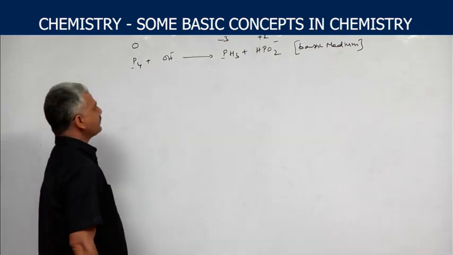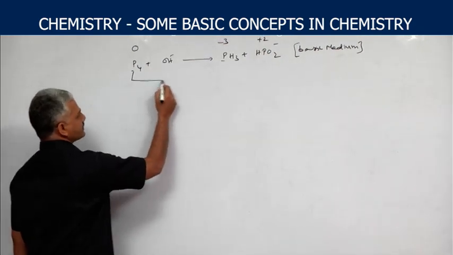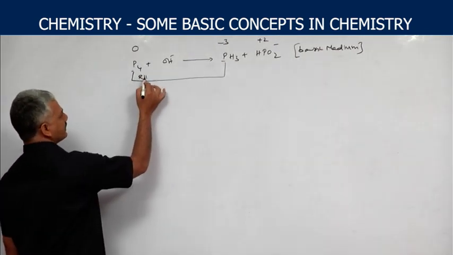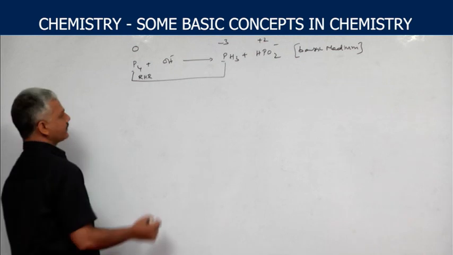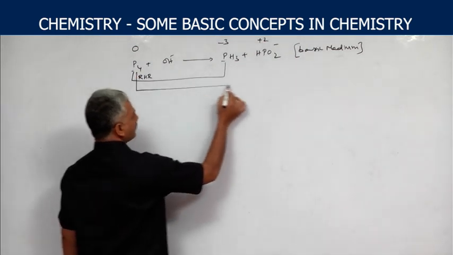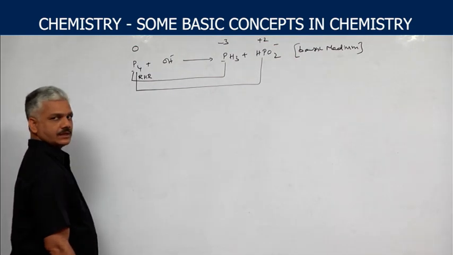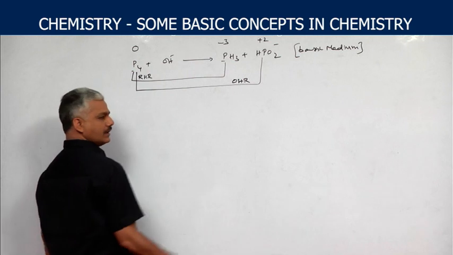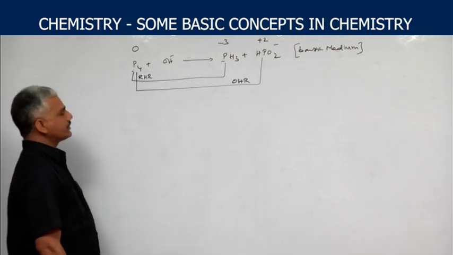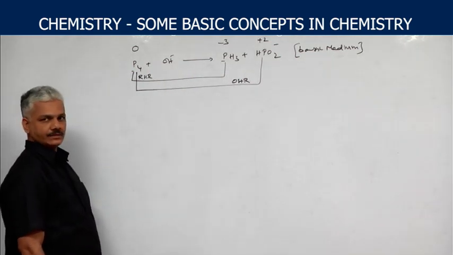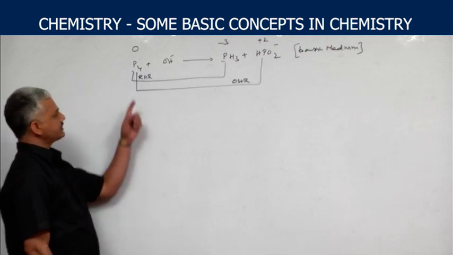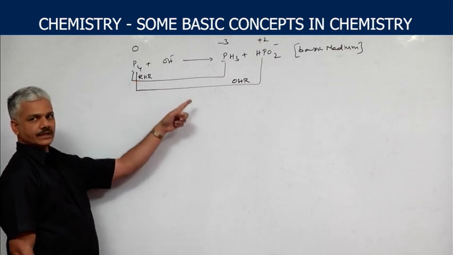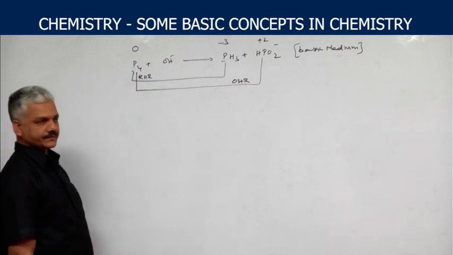+1. So for phosphorus there is a decrease in oxidation state, which can be taken as the reduction half reaction. For the same phosphorus there is an increase in oxidation state, which can be taken as the oxidation half reaction. Such types of reactions are known as disproportionation reactions, because the same substance on the reactant side is undergoing both reduction as well as oxidation.